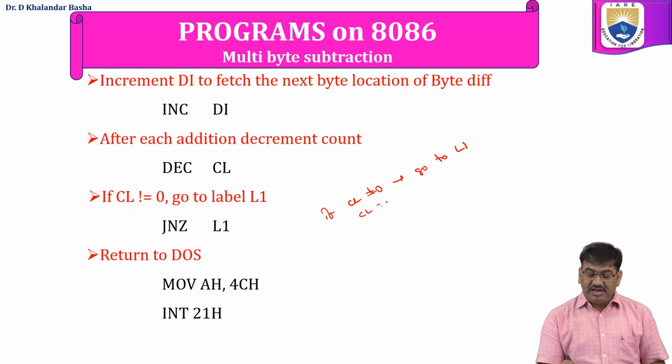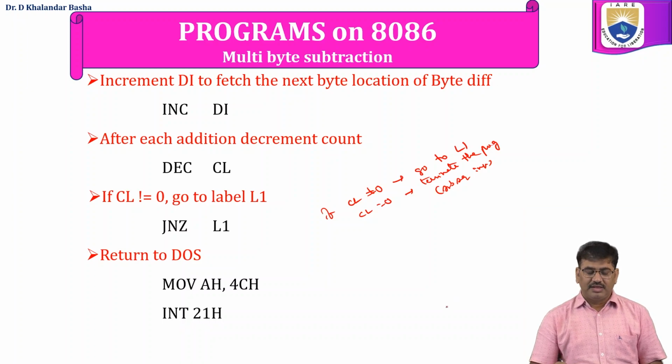Otherwise, if the CL content is 0, it indicates all the data are subtracted, so we can terminate the program by executing the subsequent instruction for returning to DOS. MOV AH, 4CH and generate the type 21 interrupt by using INT 21H. This is the program for multi-byte subtraction.